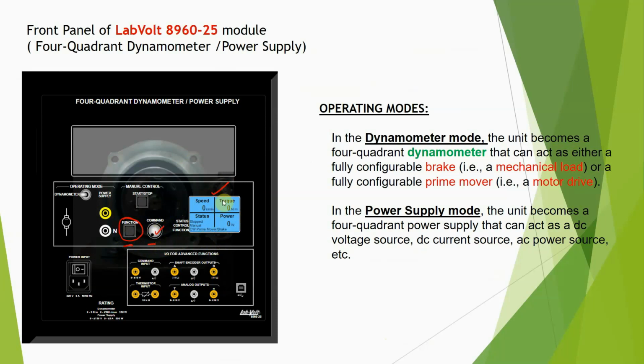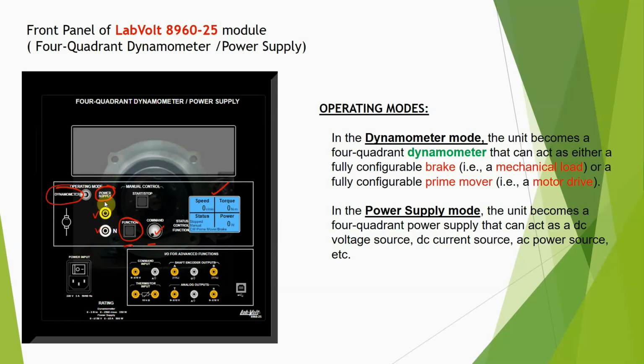This is the four-quadrant dynamometer power supply, or 8960 model. It can operate in two modes: as a dynamometer, and as a power supply, right? As a power supply, of course, you can obtain output from here. You can generate a DC voltage here, if you need a variable DC voltage source.